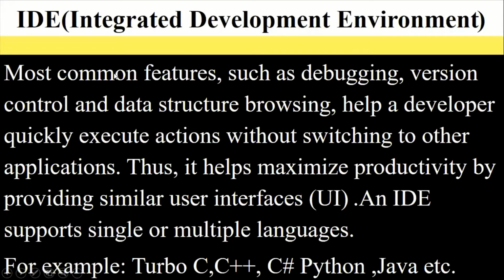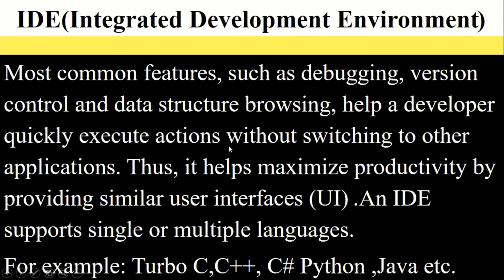Now again, come to the IDE, Integrated Development Environment, and different aspects. Most common features such as debugging, as I have explained, version control and data structure browsing help developers quickly execute actions without switching to another application. Thus, it helps maximize productivity by providing a similar user interface, UI, and an IDE supports single or multiple languages.